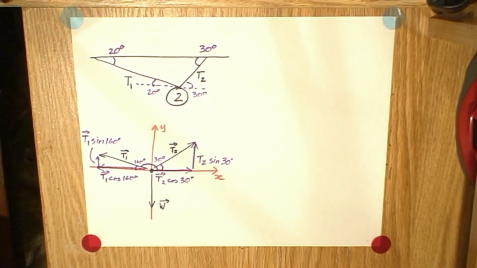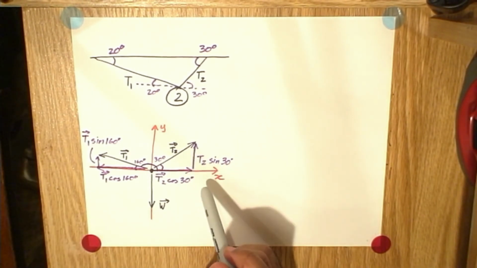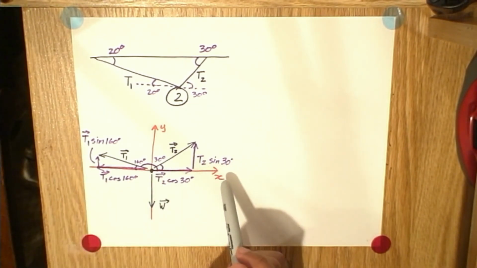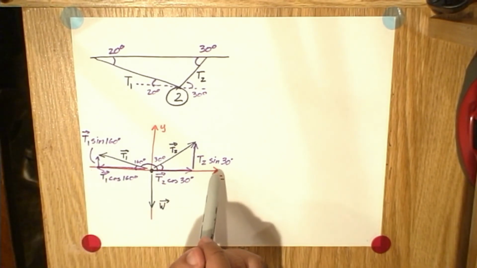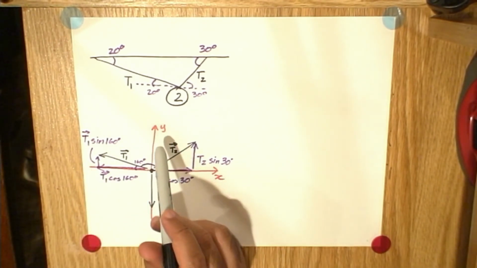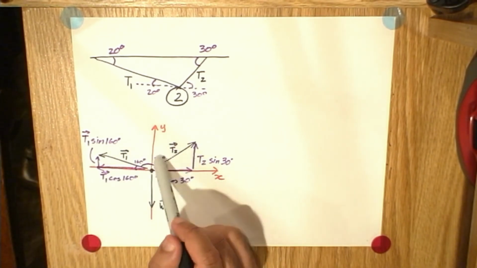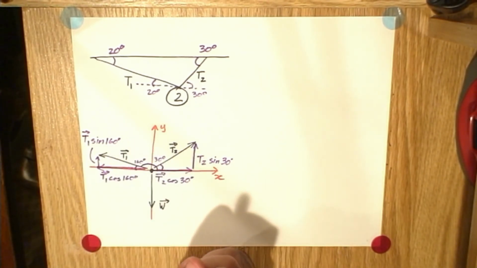Now we have broken down both of these oblique forces into their Cartesian or rectangular coordinates. So the next step is to evaluate what is taking place along the x-axis and evaluate what's taking place along the y-axis. The original forces of T2 and T1 do not play a role anymore. Only their components do.